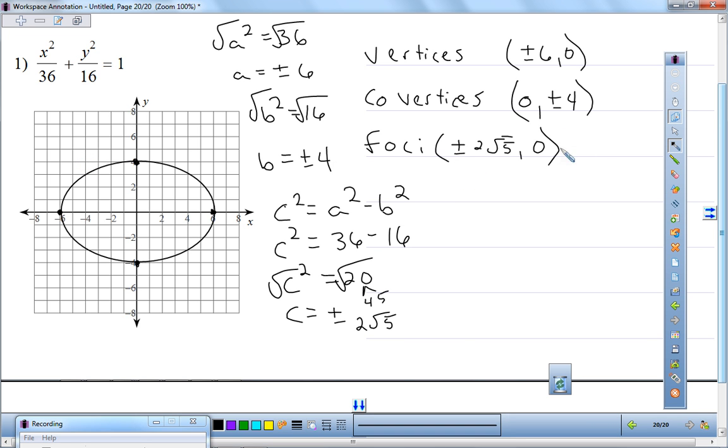Now our foci will be 2 square root of 5. We don't actually have to graph it, but if you did this in your calculator, it'd be 4.4 something. So we'd be somewhere in here for our foci, and somewhere here. And so we have graphed an ellipse, and we have come up with the vertices, the co-vertices, and the foci.